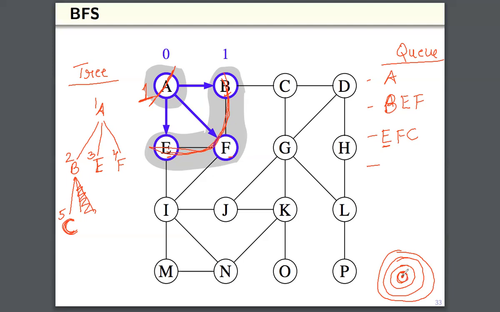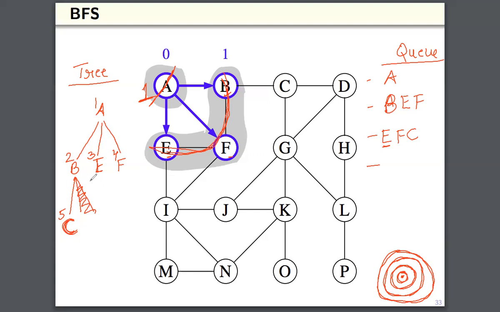Level 1 in the sense they have a distance of 1, the number of edges is 1. And then all nodes at level 2 have a distance of 2 from the starting vertex, then distance of 3, and so on. You expand and visit the nodes in these concentric circles. This is level order traversal.